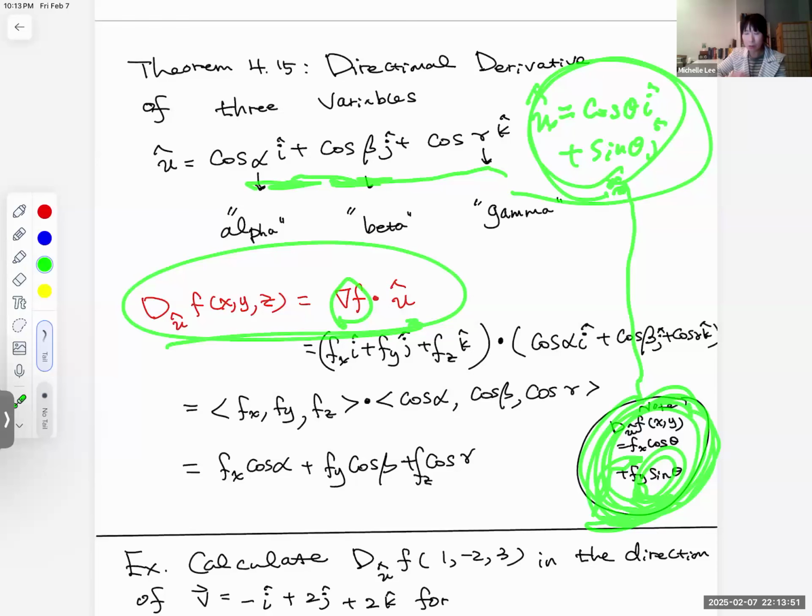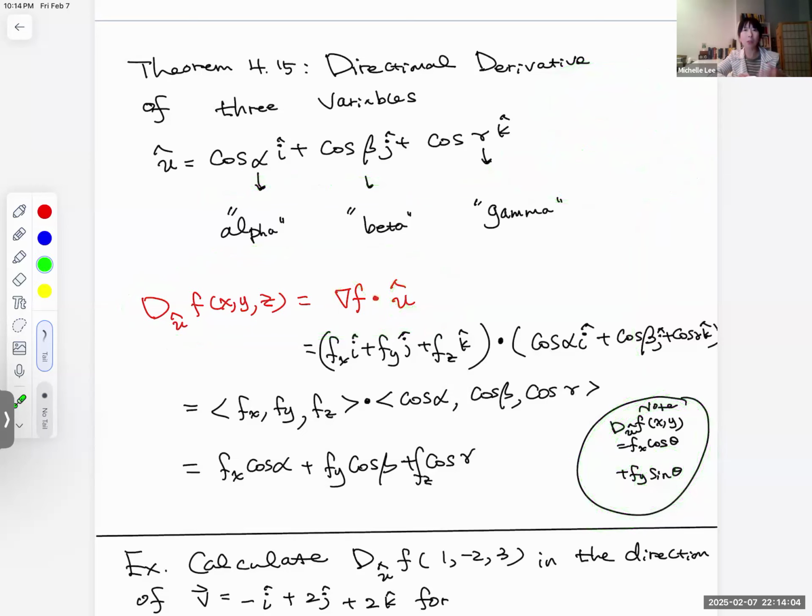So does it here. So gradient dot product with unit vector u. So u is in terms of angle, right? So instead of that, we are using cosine alpha, cosine beta, cosine gamma, right? So we make a dot product.